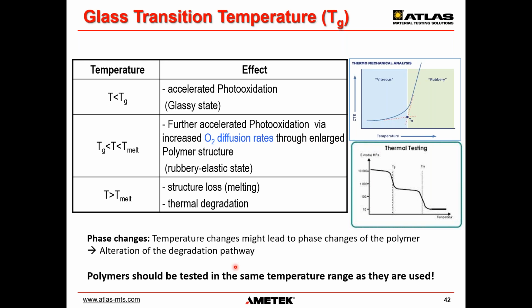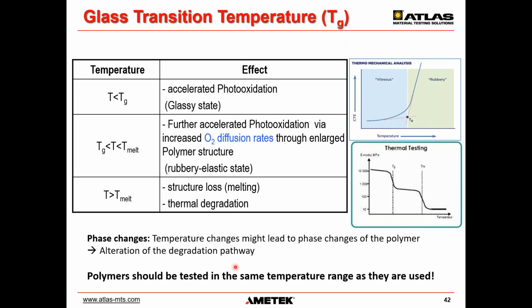Below the glass transition temperature, it's harder, it's more vitreous, glass-like. Above the glass transition temperature it is more rubbery, more elastic. And of course, reaction rates, diffusion rates are different below the glass transition temperature and above the glass transition temperature. So the influence of weathering effects will be different.